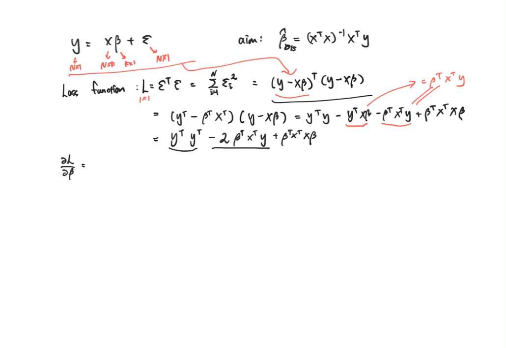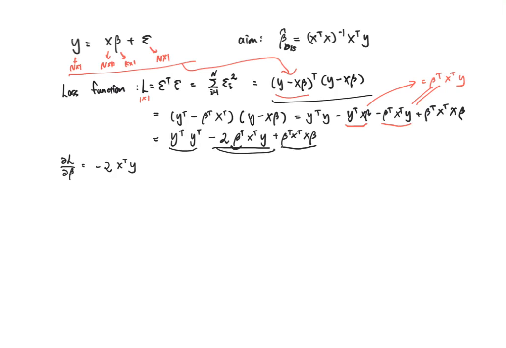This is nothing different from scalar differentiation. We have one beta here, so if you differentiate this term with respect to beta, it just becomes minus 2 times x transpose y.